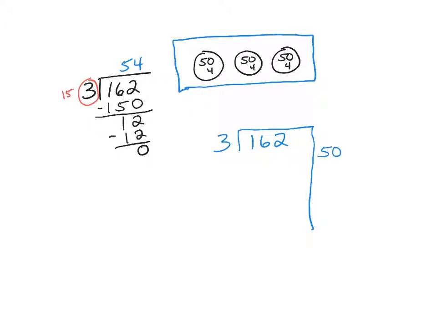So I'm going to put 50 over here to the side. And then that 50 times 3 gives me 150, which I'm going to take out again. I'm going to be left with 12. When I have 12 things left over, how many could go into each one of those groups? Well, once again, 4 could go into each one of those groups. 3 times 4 gives me 12 again, which I'm going to take away.